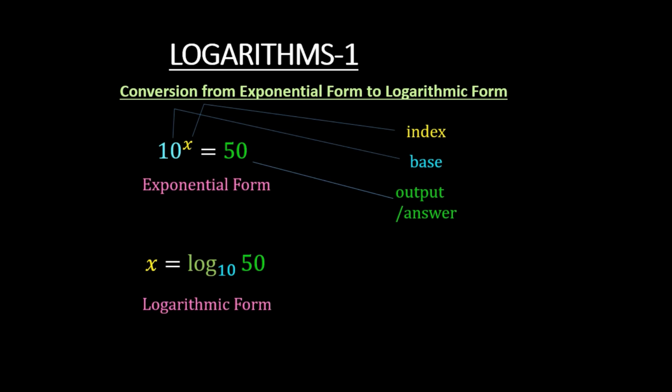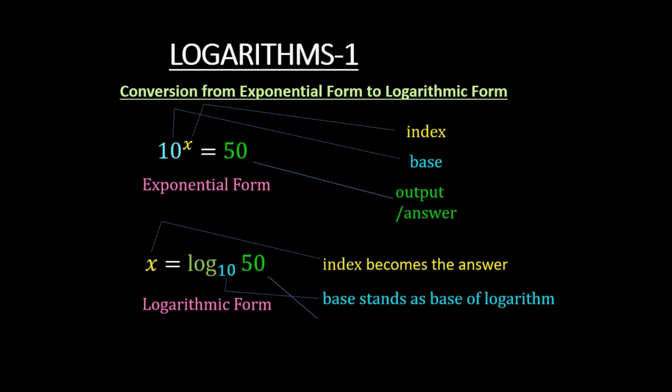Now what is meant by x? X, which was the index in the exponential form, becomes the answer. The base that was 10 remains as the base of the logarithm, and 50 is the input to the logarithm. So this is the logarithmic form.